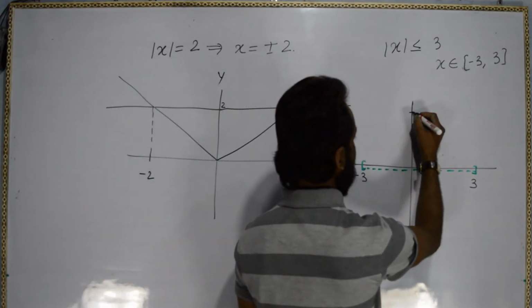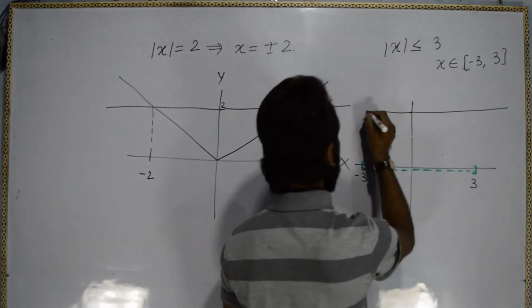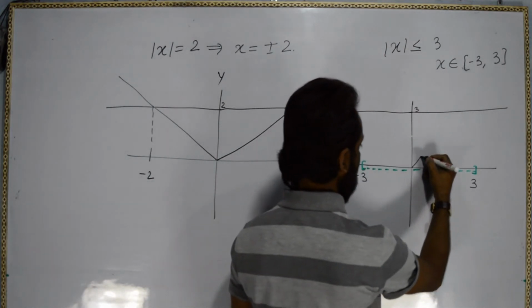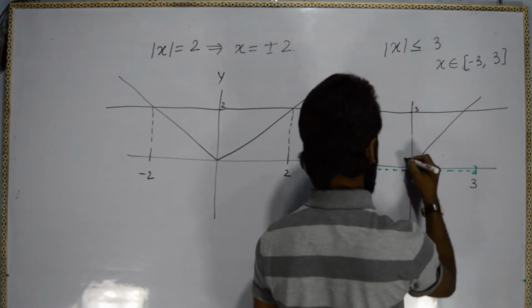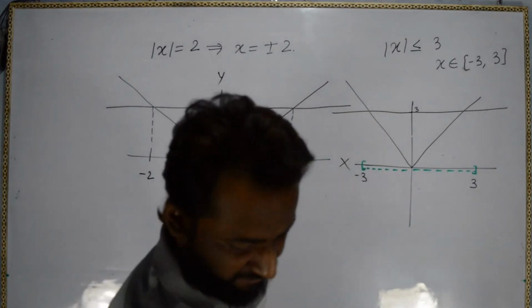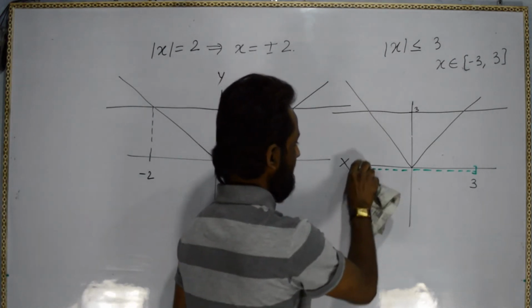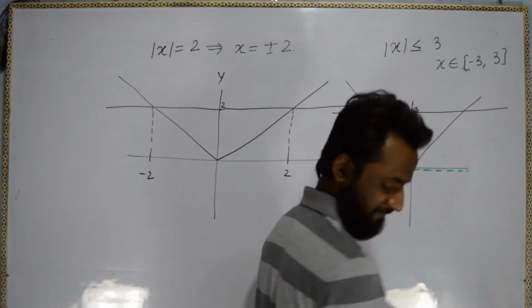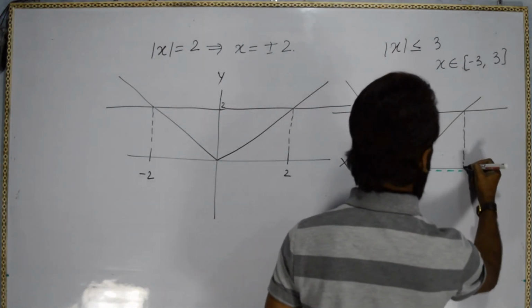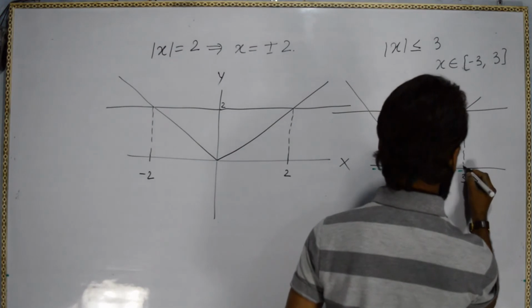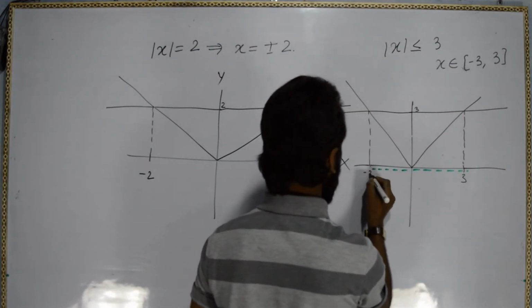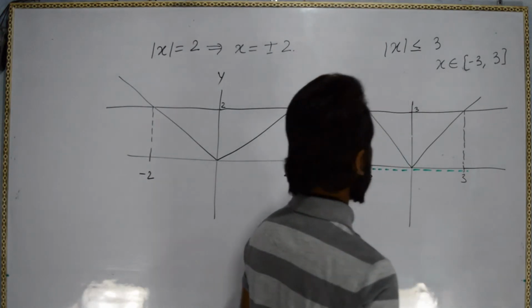First we will draw this 3 line. So this is 3 and we will draw the mod function like this. Here I think I have taken a little bit far, so I will have to take according to this. Here it is 3 and here it is minus 3.